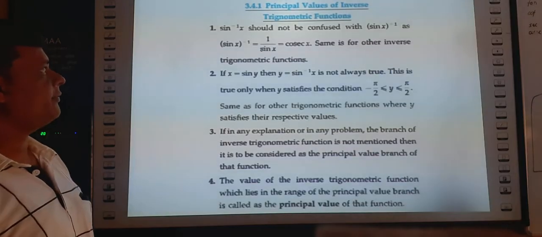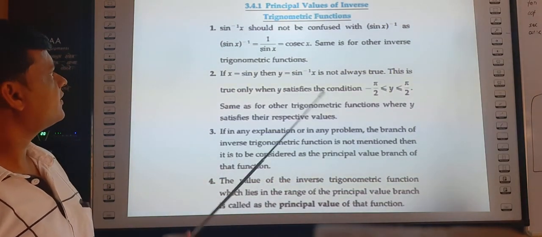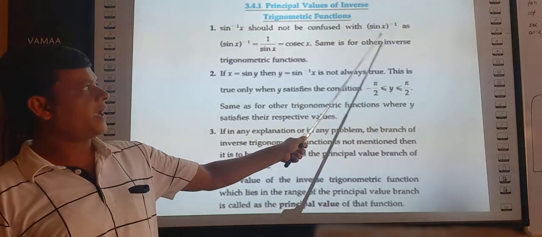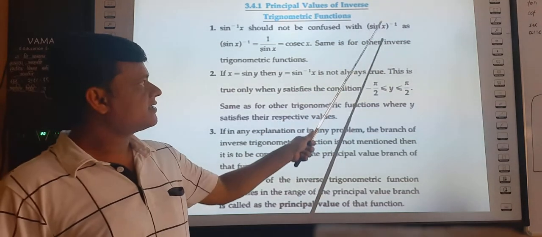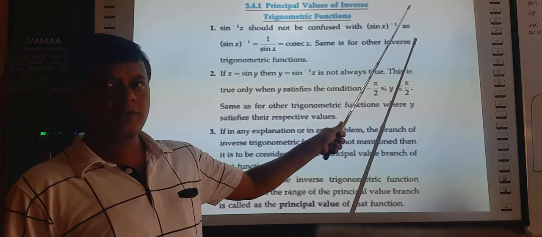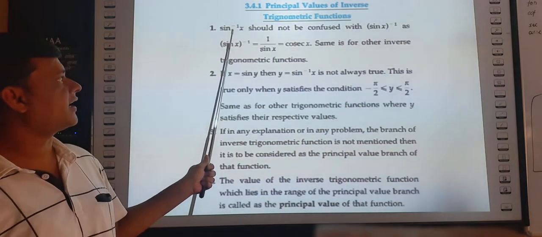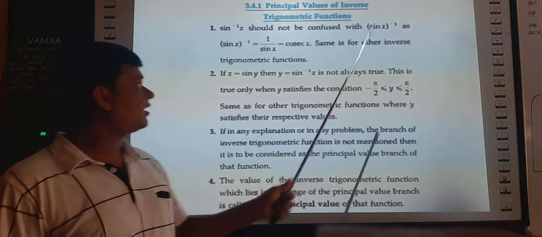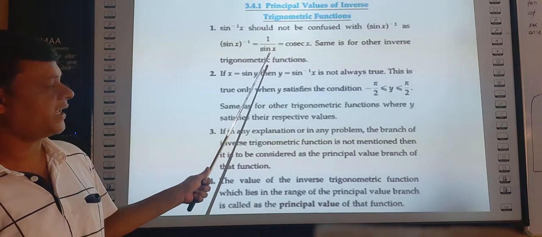So for solving the problems, we have to note down these points. First, sin inverse x should not be confused with sin x raised to the power -1. I read this as sin x raised to the power -1. That means this is different from sin inverse x, because sin x raised to the power -1 can be written as 1 upon sin x.